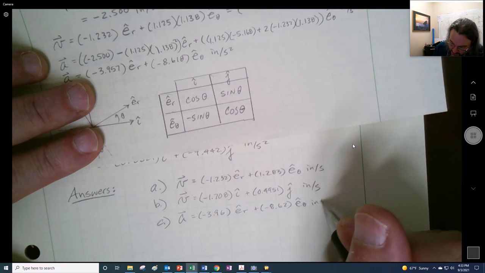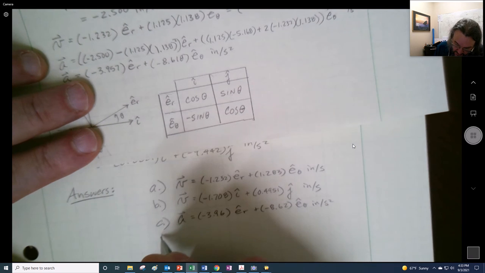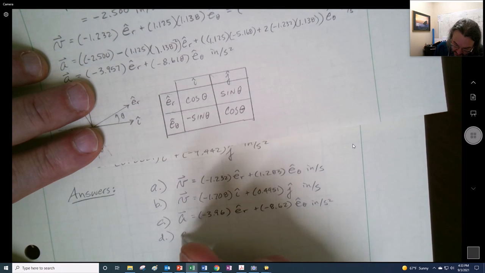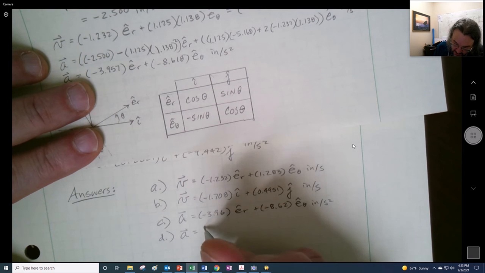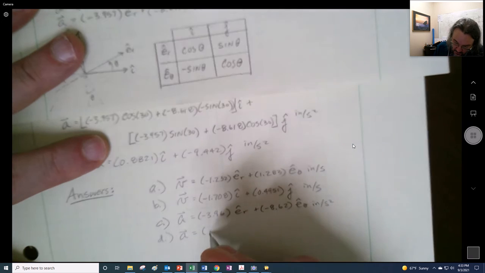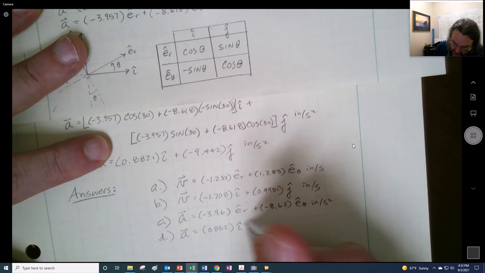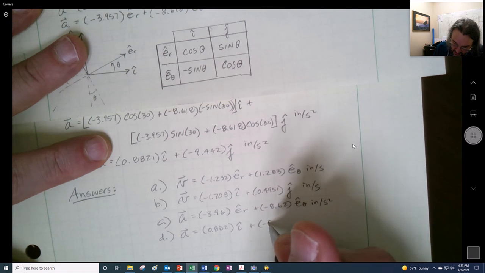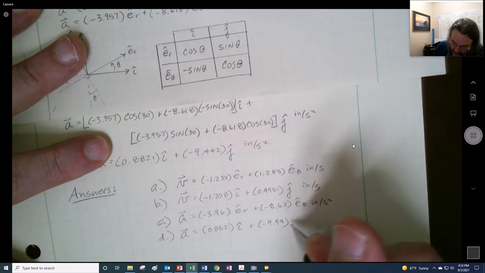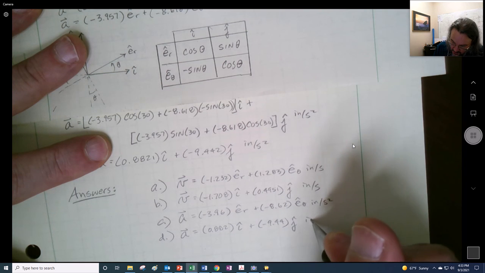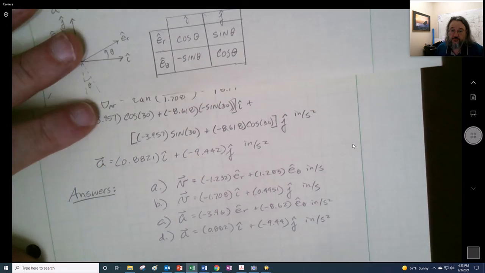And that's inches per second squared. And then lastly, D, the acceleration is 0.882 I plus negative 9.44 J inches per second squared.